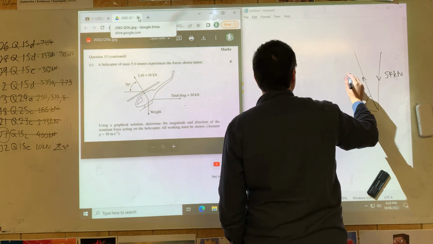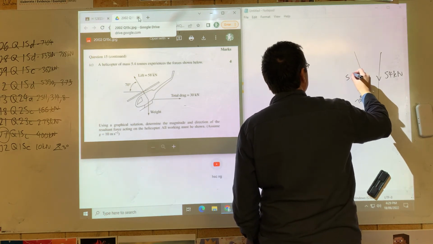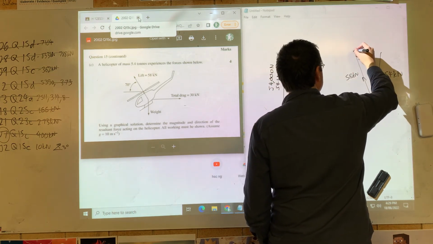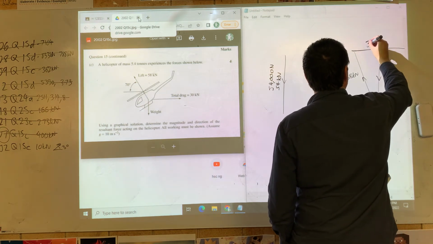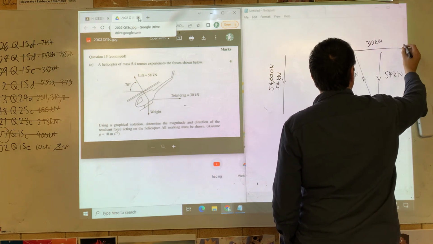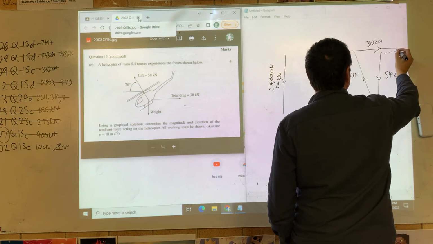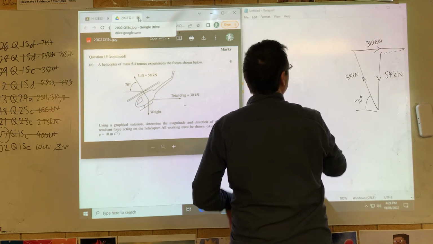Then we're going to have lift of 58. And then we're going to have drag of 30. I think that's going to overshoot, 30 kilonewtons. And then we're going to need one additional force to close that vector diagram, something like that. Okay, so what are we going to do here?